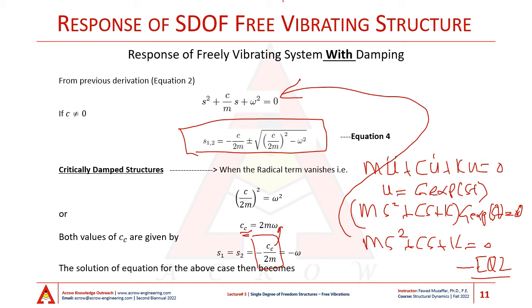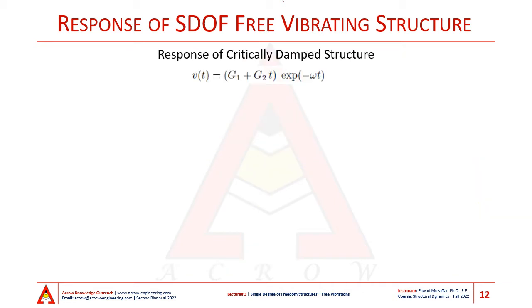Now, plugging in the values of s in the above equation gives us this equation 4. Note that the equation contains no iota terms. Also note that since the roots s1 and s2 were identical, the second term contains t in addition to G2.